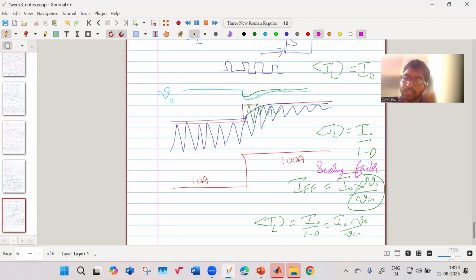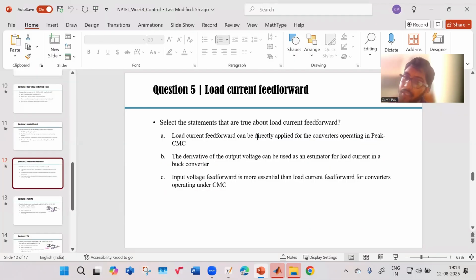Any queries in this? So, current feed forward can be directly applied for converters operating on peak current mode control. No, you have to have some scaling mechanism also. The derivative of output voltage can be used as an estimator for load current in a buck converter. That is true, because the derivative of the output voltage is like your capacitor current, and that capacitor current has information of your load current.